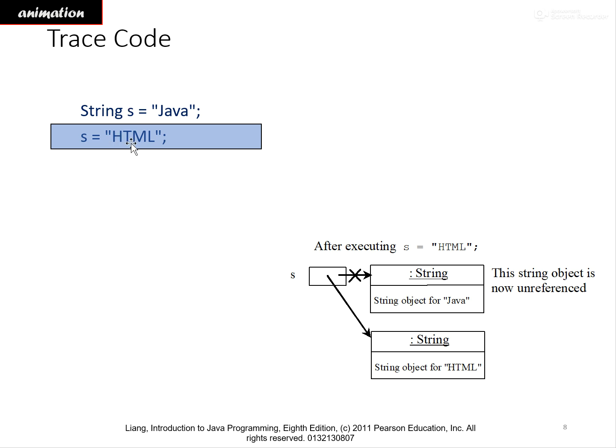This is what's actually happening over here, and this is why, although strings are immutable, when you're coding it does seem as if we are able to modify existing strings.